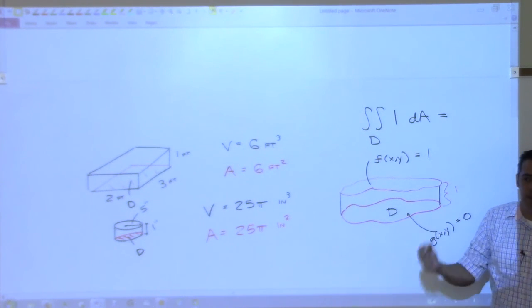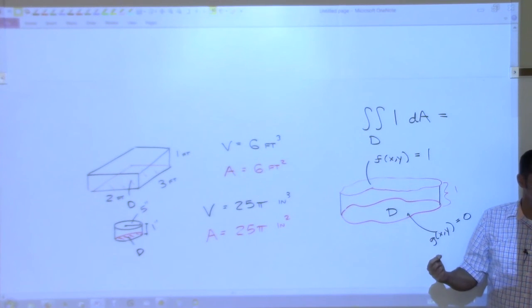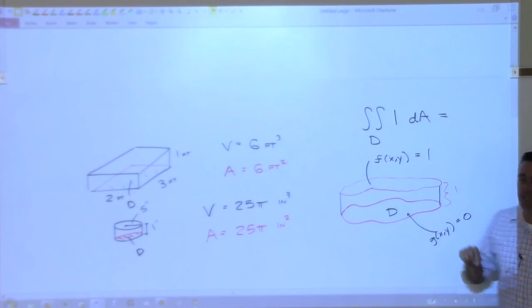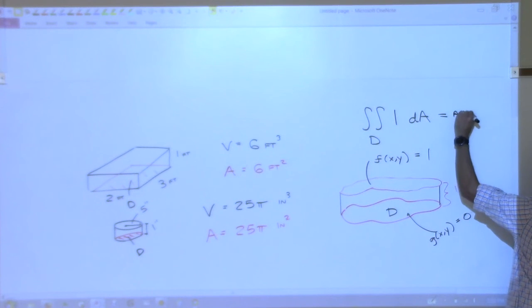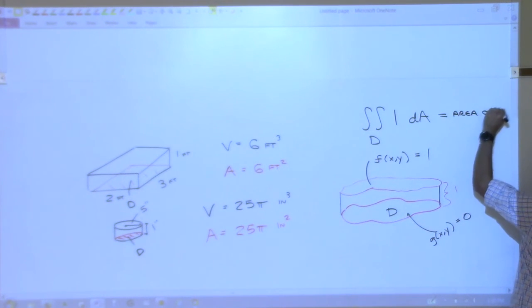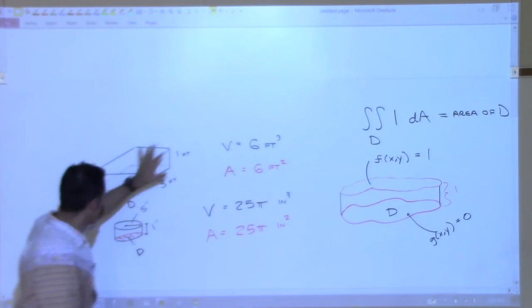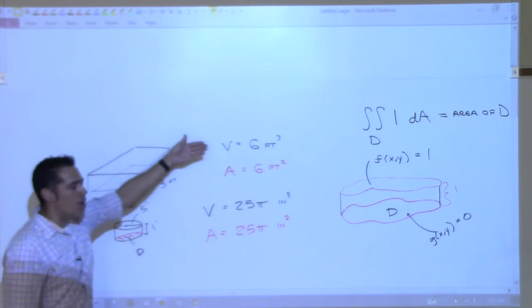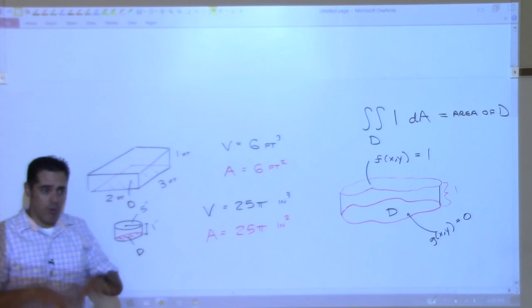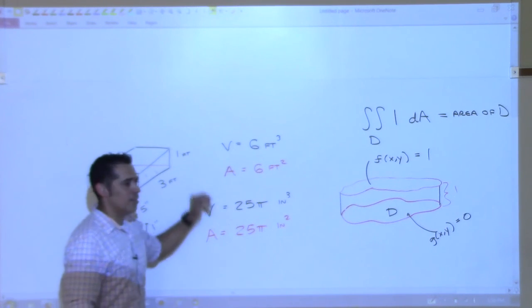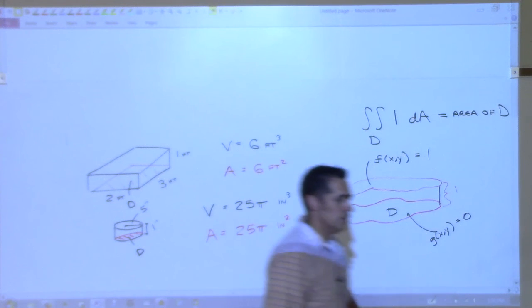But that is numerically equivalent to what? The area of capital D. This is a special property of double integrals, and that's what I'm about to put up on the board. As long as the height is 1, then the volume and the area are numerically equivalent. 6, 6, 25 pi, 25 pi.